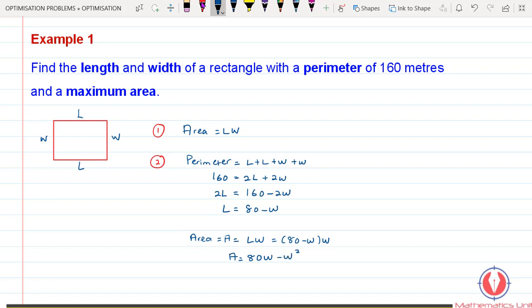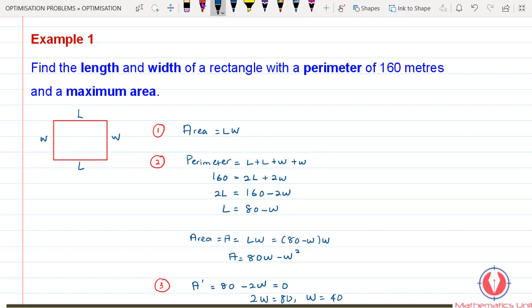Now our A here is in one variable only, so we can go to the third step, that is to take the derivative of A. The first derivative A prime is equal to 80 minus 2W, and set that to 0 to find the critical values. From here, 2W is equal to 80, so W is equal to 40.